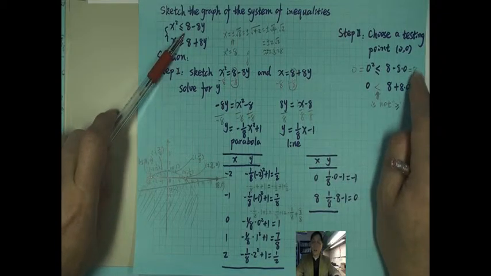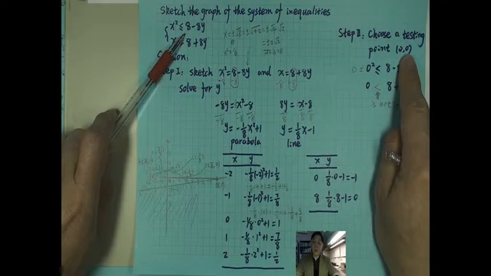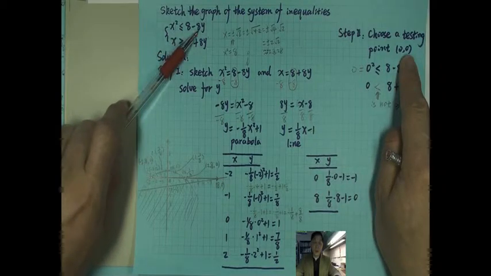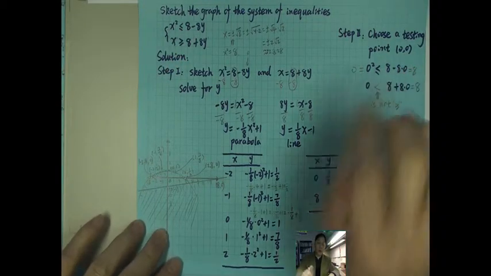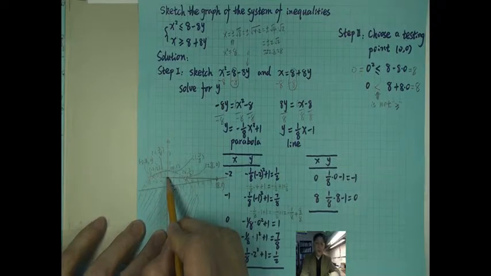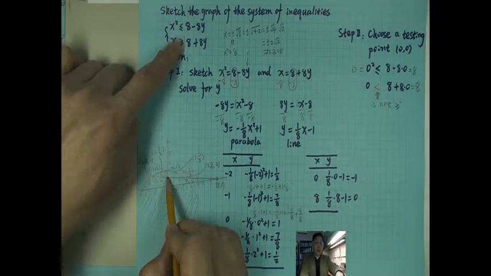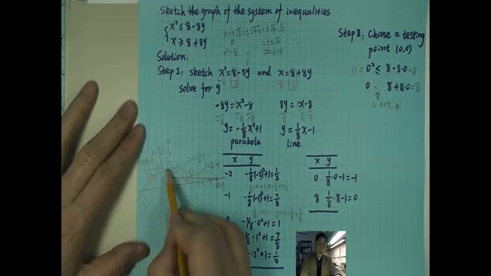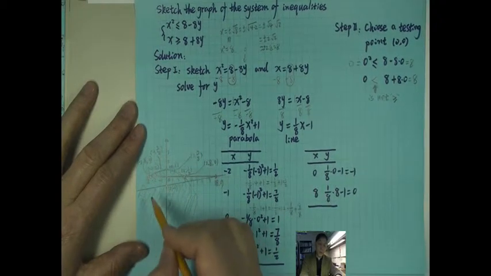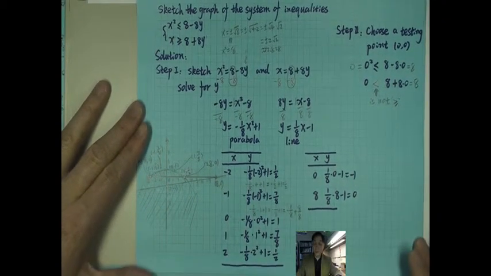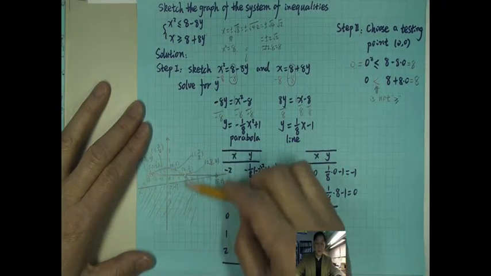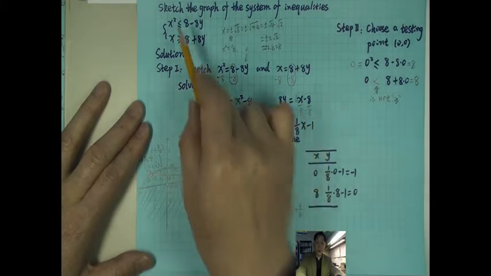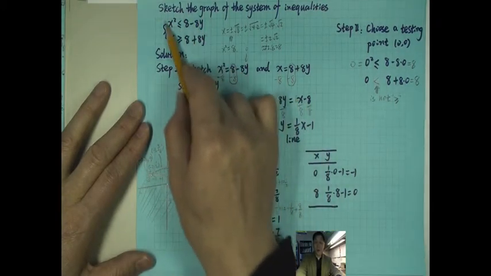So 0, 0 meets this inequality. The curve was like this, a parabola, then all the points below this curve will be the region we wanted for this one.